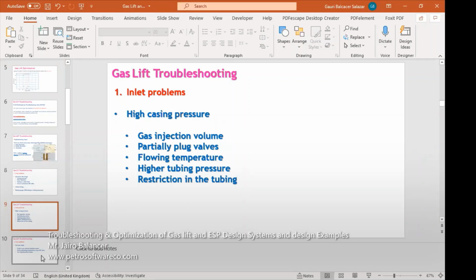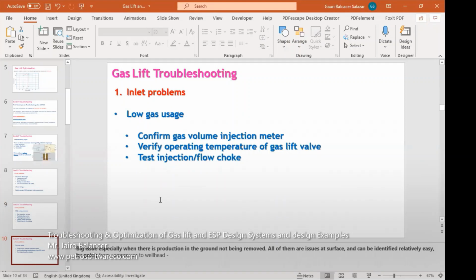Those are inlet pressures. Another problem, low gas usage. We have to confirm the gas injection volume, that the meter is currently working. Verify the operating temperature of the gas lift valve.